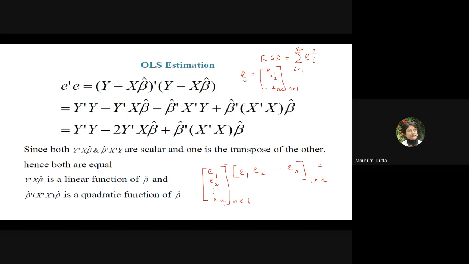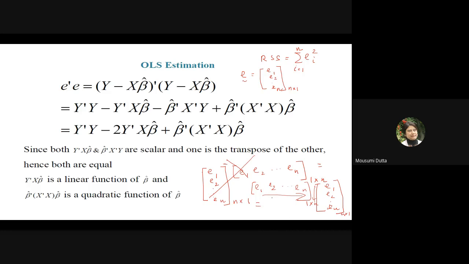So what we have to do? We have to consider, instead of this, we have to consider the other product. Are we getting a scalar then? Yes, ma'am. And if I consider matrix multiplication, what will be the value of this product?